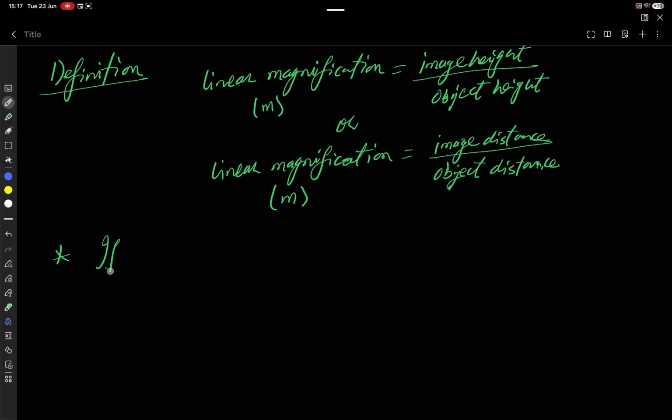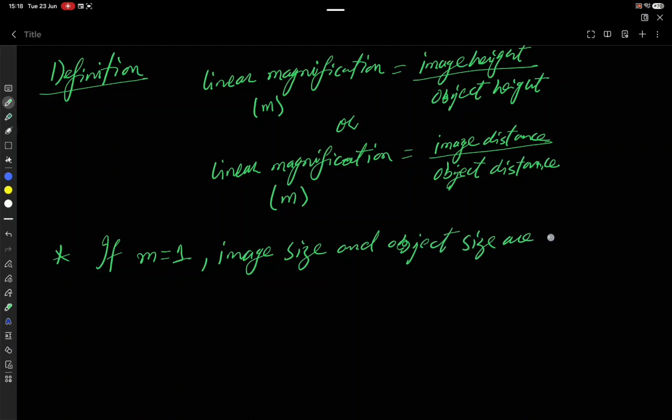If m is equal to 1, image size and object size are equal.